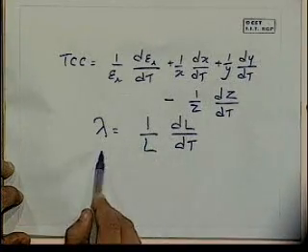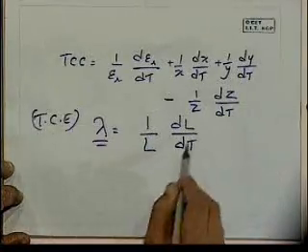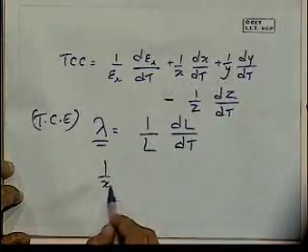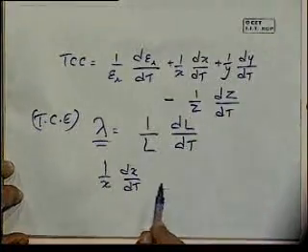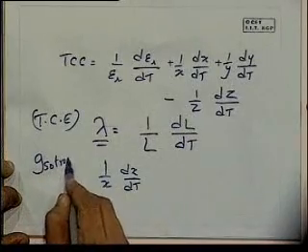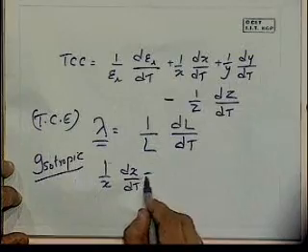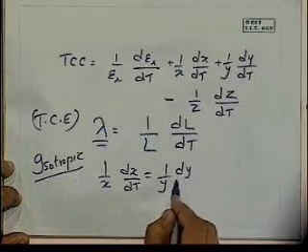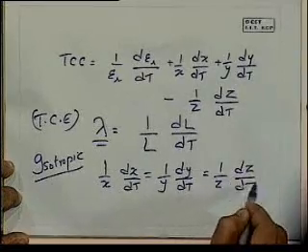So essentially what lambda, the TCE, tells us is that 1 by x dx by dT or 1 by y dy by dT or 1 by z. Given that this material is isotropic, which means it has properties the same in every direction, we can then write 1 by x dx by dT is equal to 1 by y dy by dT is equal to 1 by z dz by dT.